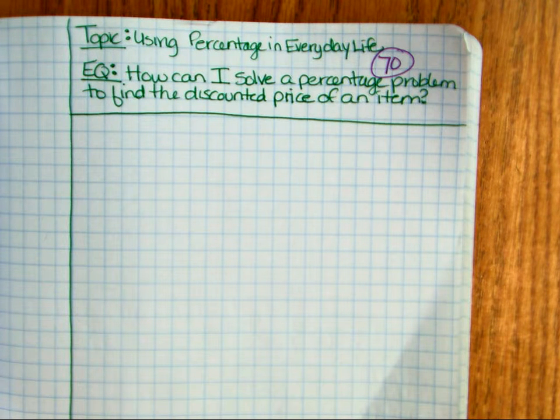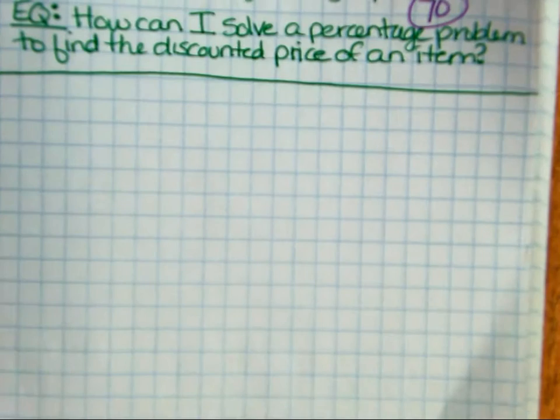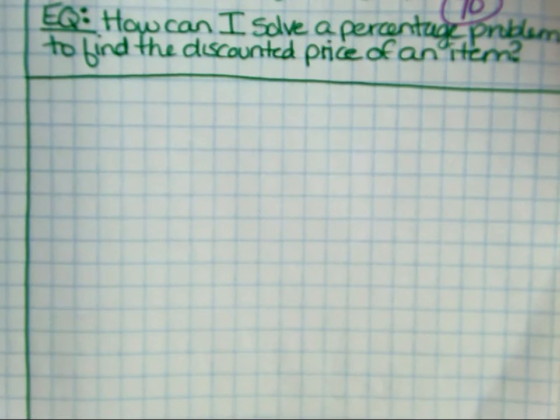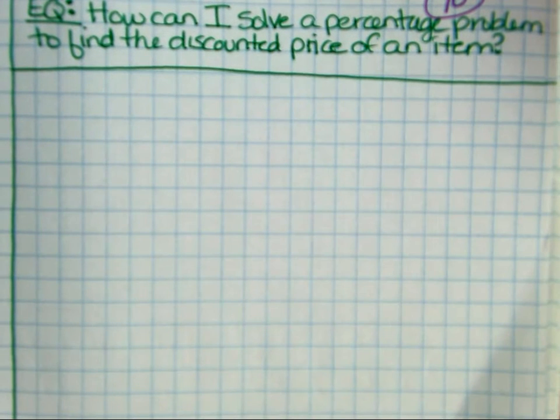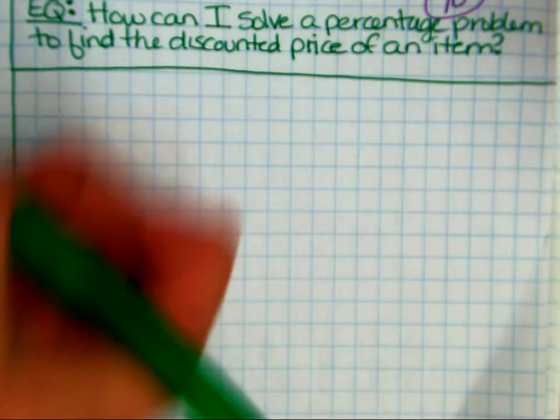Now, I know it's been a while since we've been in our math land, so I thought it would be smart first to do a little bit of review. So we're going to start off with some review.